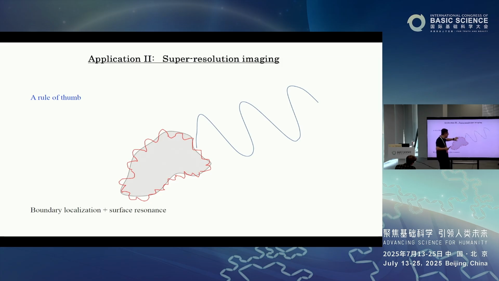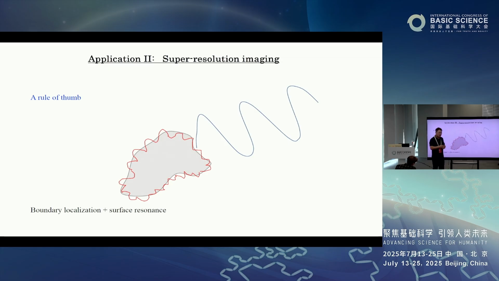But we know there are many waves trapped inside. They will not propagate outside. So now our idea is that based on the observation data observed outside, and coupled with this new physical principle, the coupled PDE, we want to recover all those trapped modes, and we use those trapped modes to do the imaging.